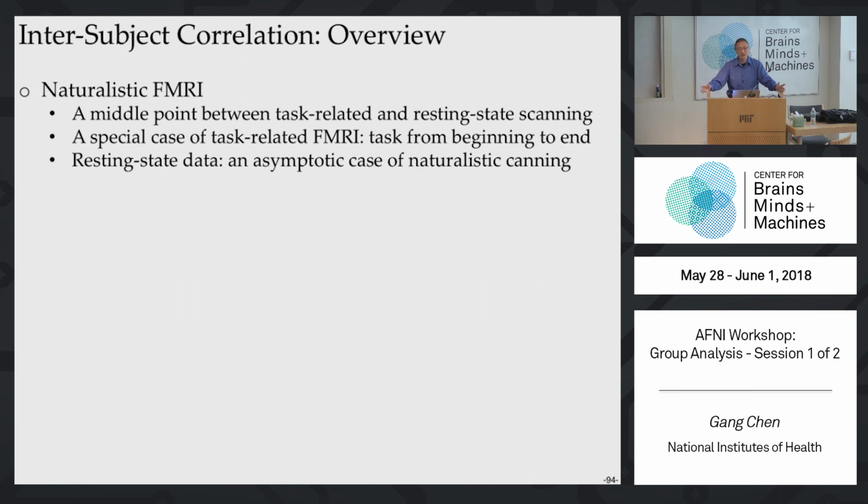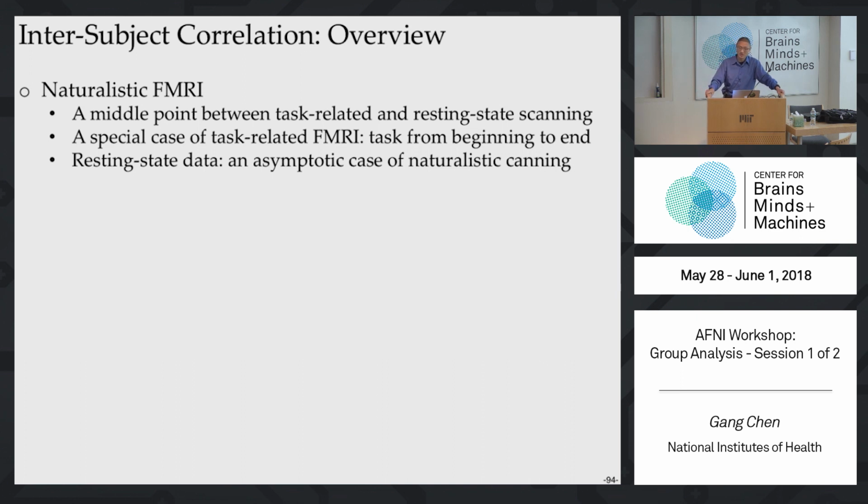So about 10 years ago, people started to think about something in between. The tasks the subject performs in the scanner are too artificial, like pushing a button or viewing emotion images, buildings or faces. It's a little bit remote from what we experience in real life. So people argued maybe we should try something closer to real life experience.